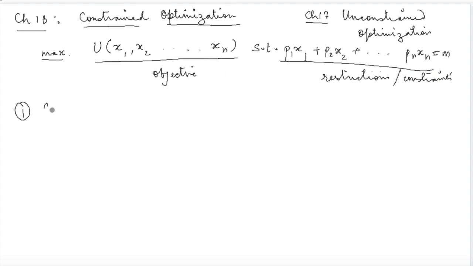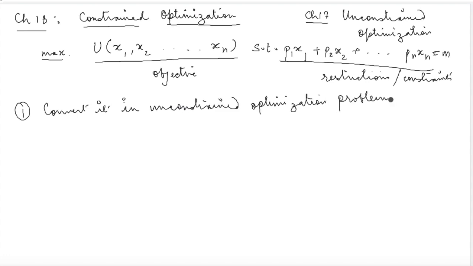Now there are primarily two ways to solve such kinds of problem. The first is to convert this constrained problem into an unconstrained problem. तो पहला तरीका है कि आप इसको एक unconstrained optimization problem में convert कर दो. और उसको किस तरीके से convert करोगे?